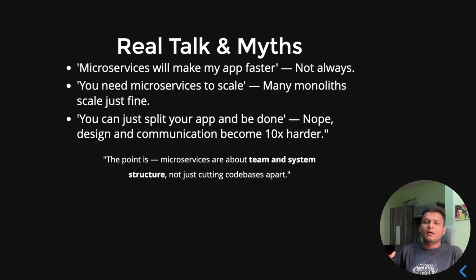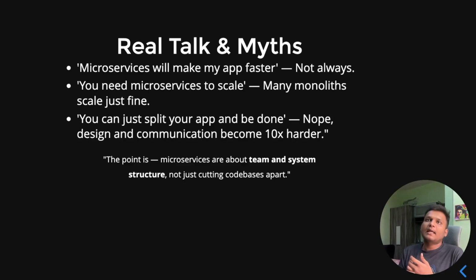But here each service is different, so you have to trace all the communication between the services, and that becomes 10x harder, right? So the point is microservices are about team and system structure, not just cutting the code base apart, right?